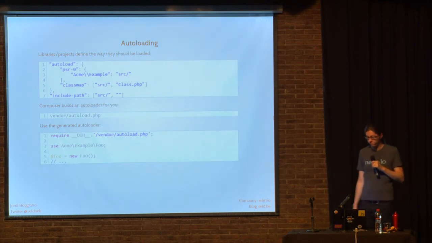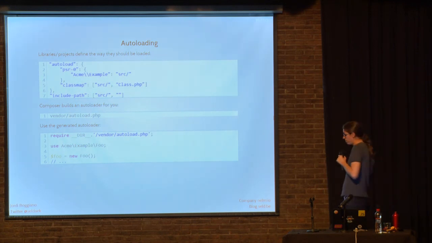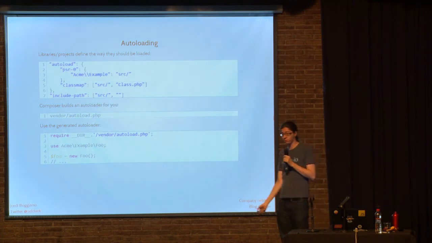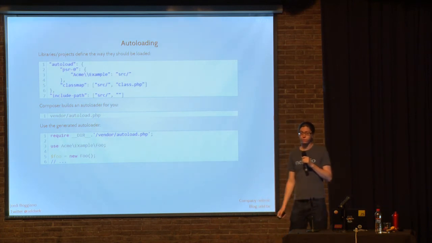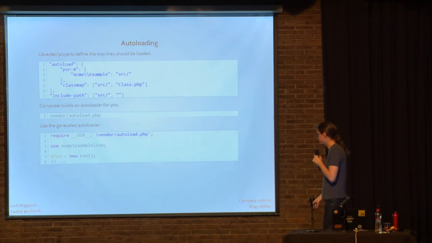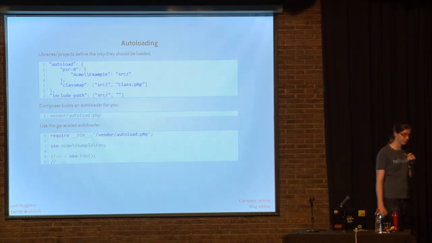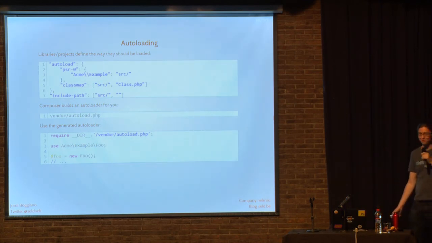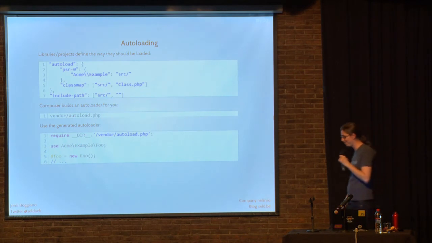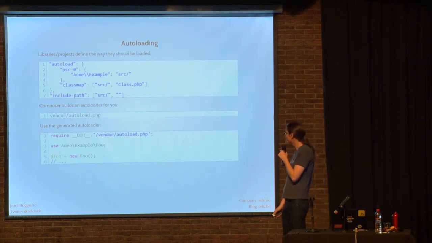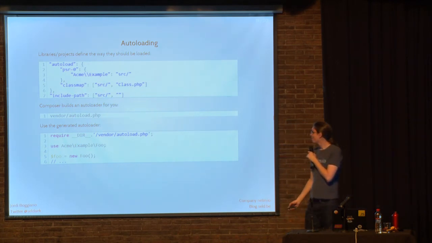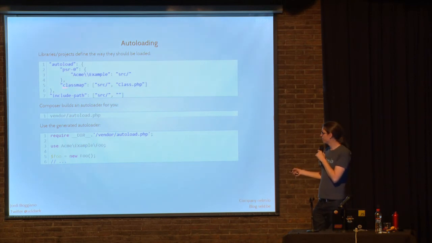I mean, that's it. And if you do have functions, you can't autoload functions, but if you still write a bunch of functions, which is fine, there are two ways. One is to wait for PHP 5.6, which may have function autoloading. It's not sure yet, but it's an option. The other way is to use the files key.